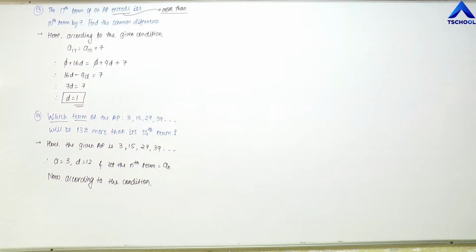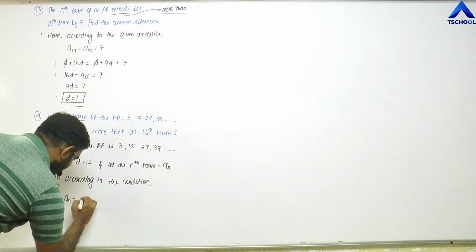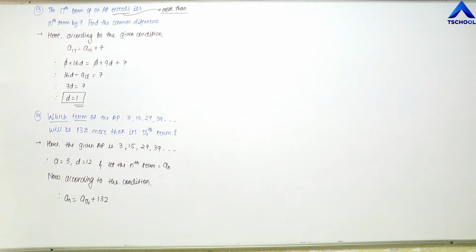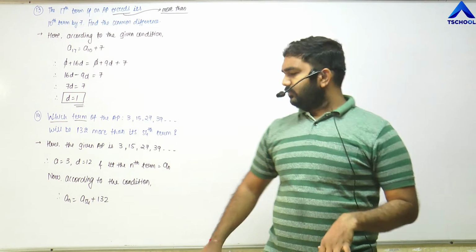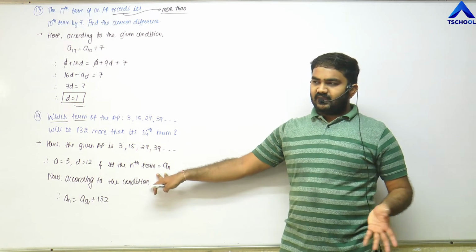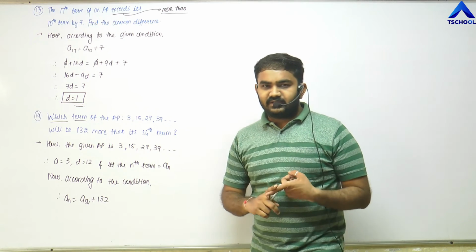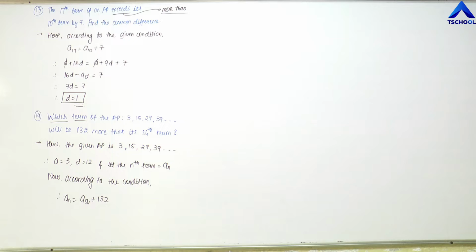The condition given to us here is that an is 132 more than its 54th term. Therefore an is equal to a54 plus 132. Can I write it like this, right? Let us say the required term is an, so an equals 132 more, that means plus 132, which is to be added to the 54th term, a54. Is it clear, friends? So that is how the condition goes.